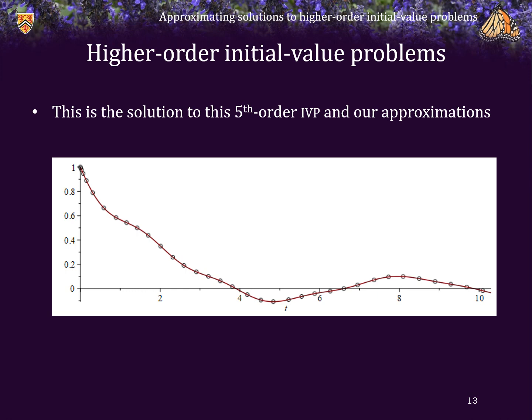And here is the actual solution to that fifth order initial value problem, and you can see the approximation points. Again, initially h is too small, so it starts doubling, but after a while, if the solution is reasonably flat, the points seem to be slightly wider or further apart, and near the maxima and minima, or where there's significant curvature, it seems as if the h values are slightly closer together.